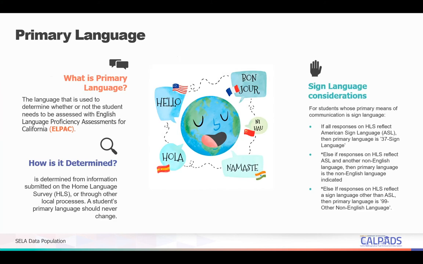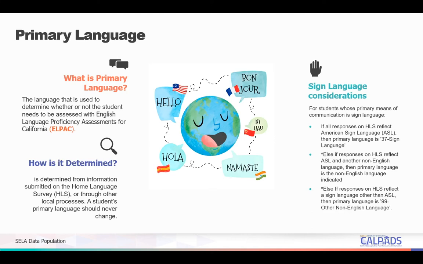Then if ever a student has indicated a sign language as a primary language, here is some guidance in terms of what language to report. There are times when there's a combination of sign language and other languages, and so here's some guidance for that.